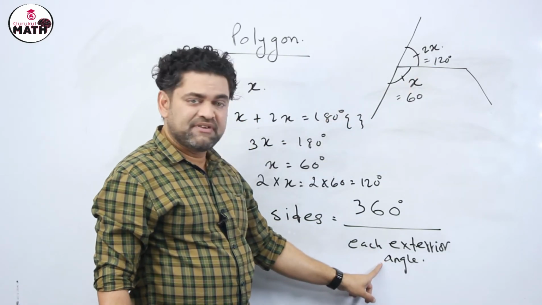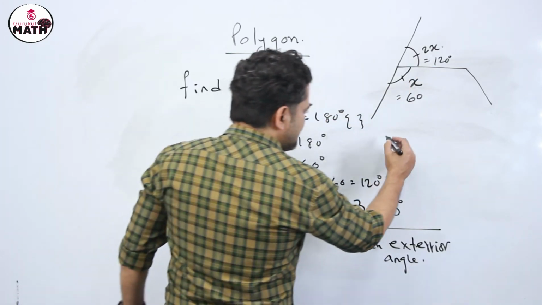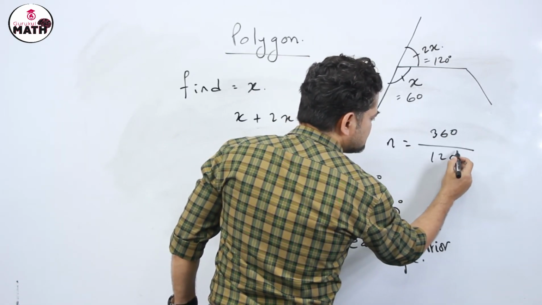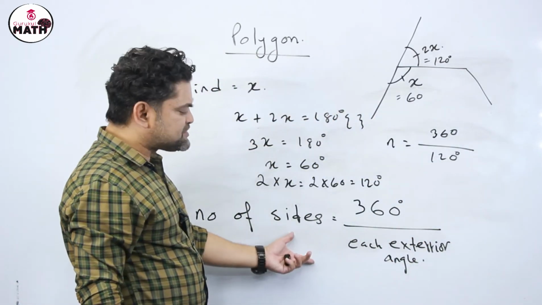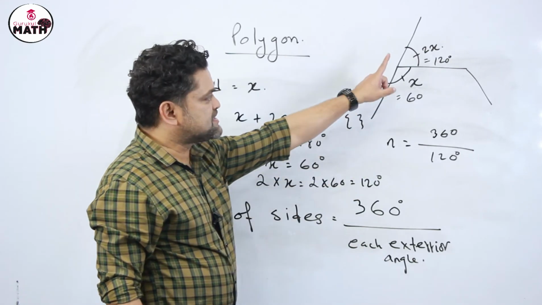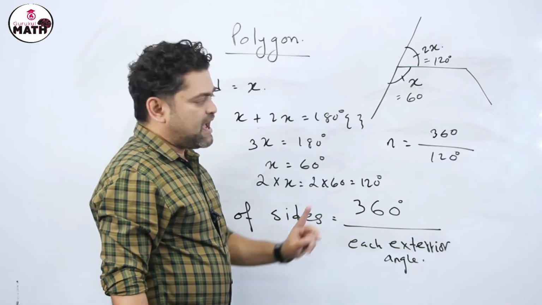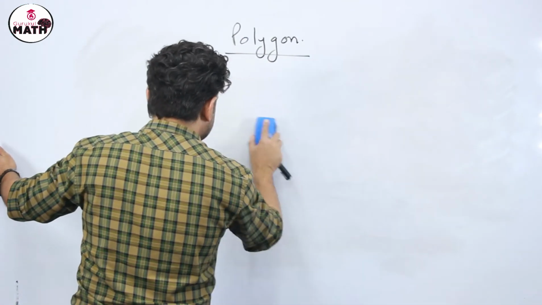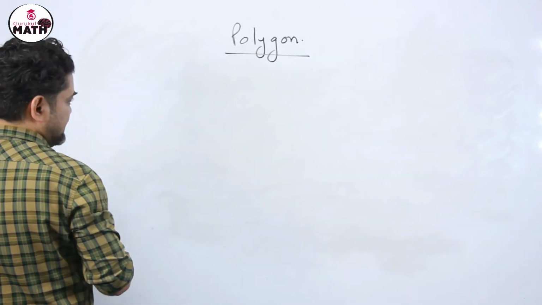Now I can put it here very easily, isn't it? So n equals 360 degrees divided by 120 degrees. Because the formula shows each exterior angle, not the interior angle. So the exterior angle I have to find, and I have found it here, 120 degrees.